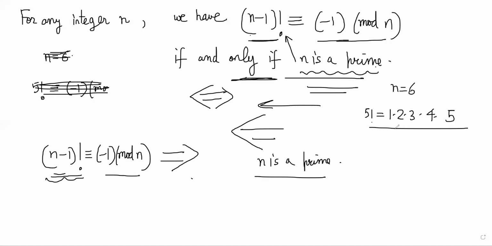The reason is that this and this multiply and get 0 mod 6. So can we prove in general that (n minus 1) factorial will always be divisible by n? Not necessary.